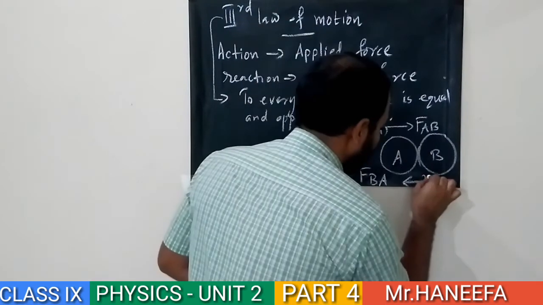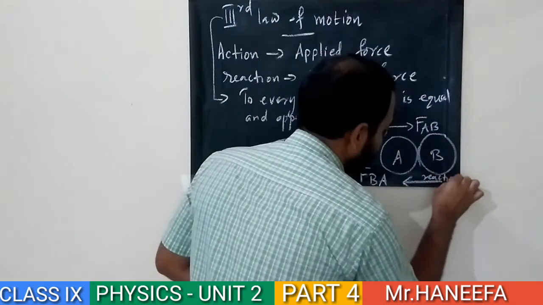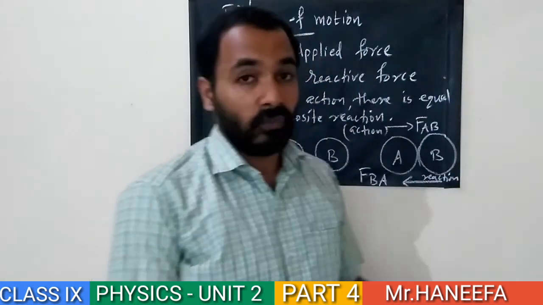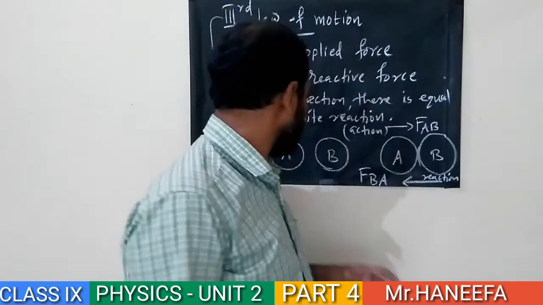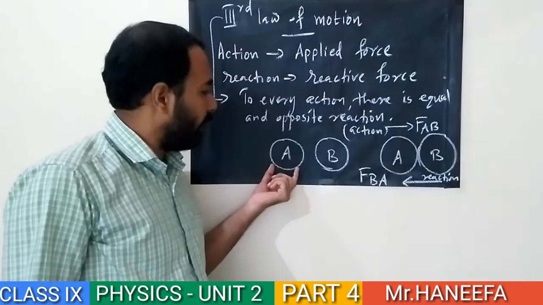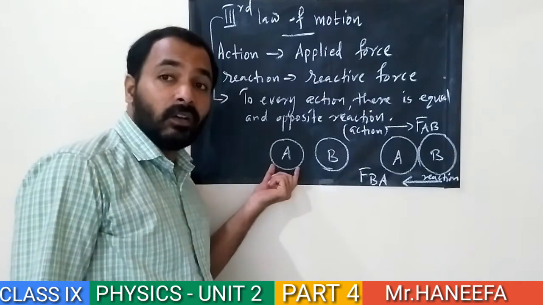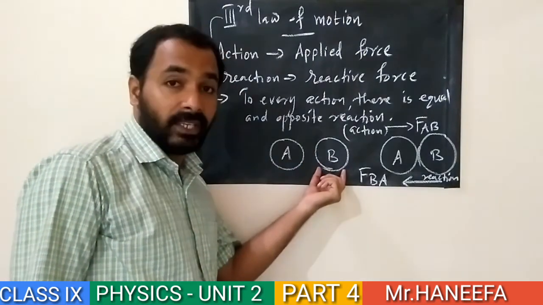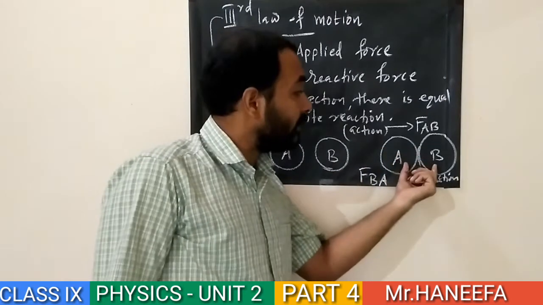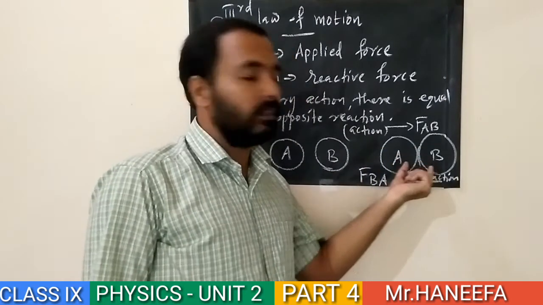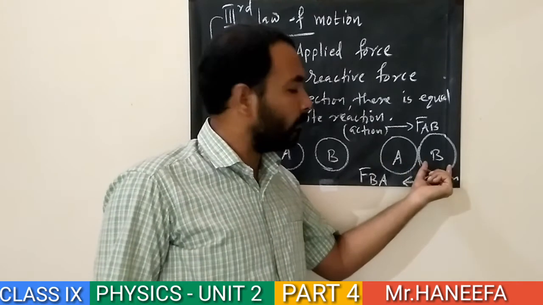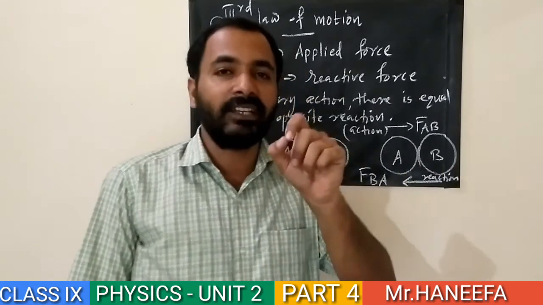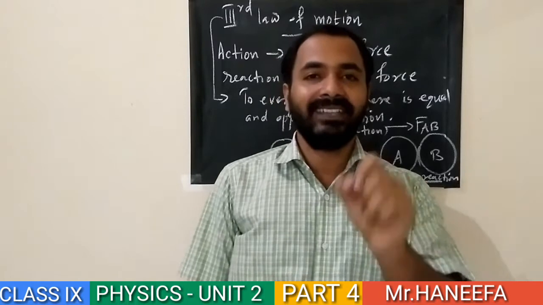It is called a reaction. Okay, so we know to every action there is equal and opposite reaction. When object A moves in the direction of B and collides with B, there is action and reaction.